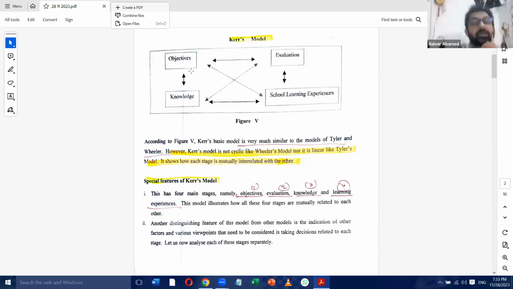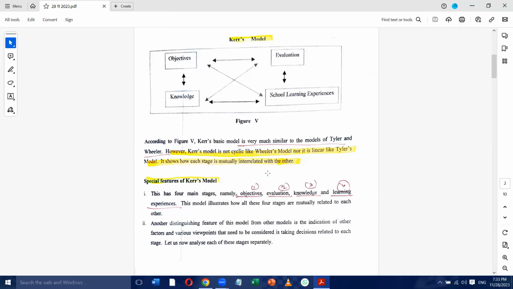According to this figure, Kerr's basic model is very much similar to the models of Tyler and Wheeler. However, Kerr's model is not cyclic like Wheeler's model, and it's not a linear model like Tyler's either.